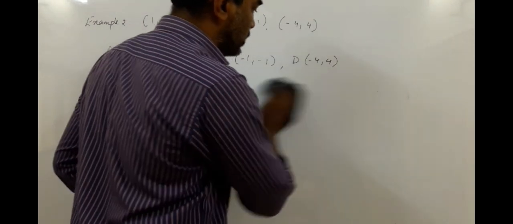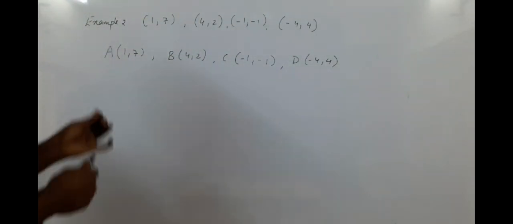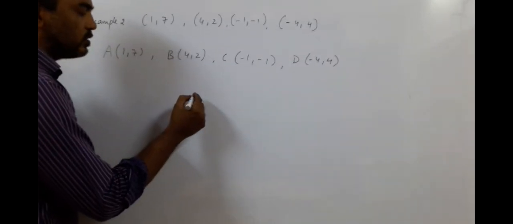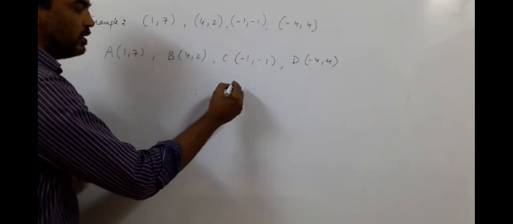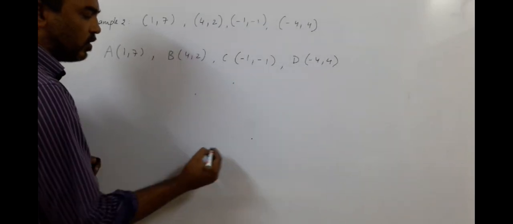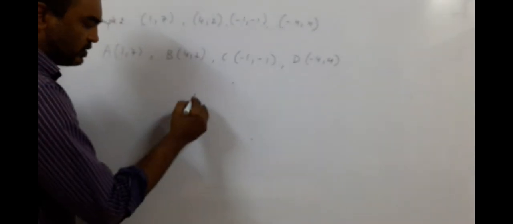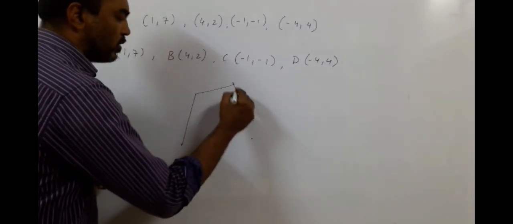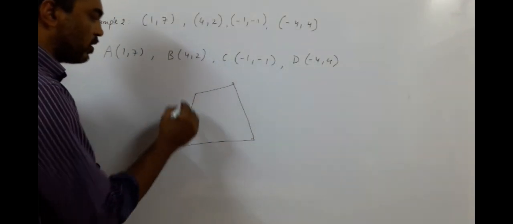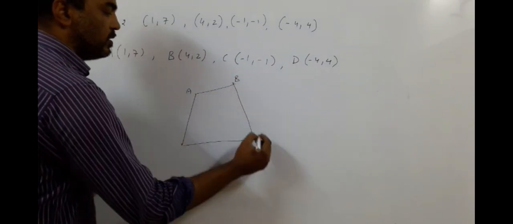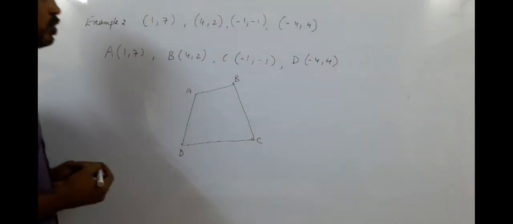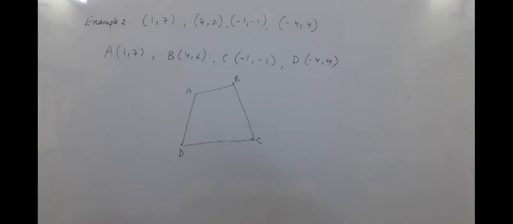And the third condition is when no more than 2 points are collinear, we have got 4 different points. So 4 points will form a quadrilateral. A, B, C, D. 4 points form a quadrilateral. Now how many types of quadrilateral do you know?